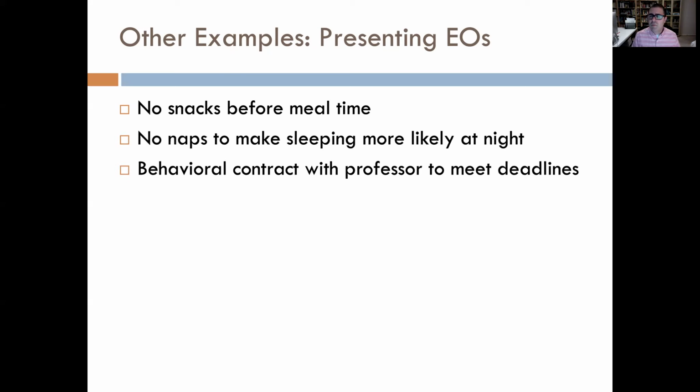Behavior contract with the professor to meet deadlines. We talked about that as well as some form of cues, but you could also interpret this as, the deadlines, again, aversive. So you're going to engage in behavior to meet the deadlines to avoid some sort of badness, right? You don't want to have to meet with your professor to tell him you didn't meet the deadlines.